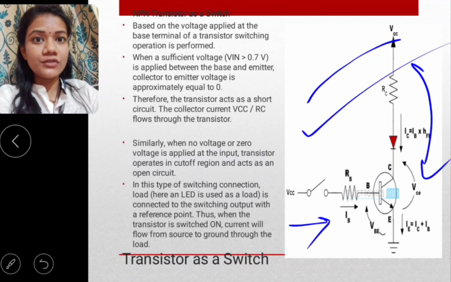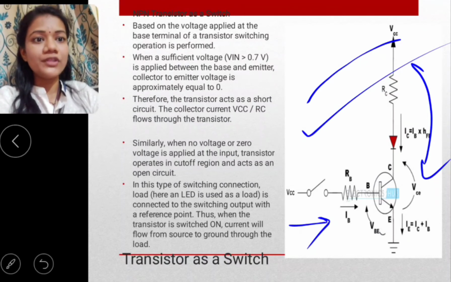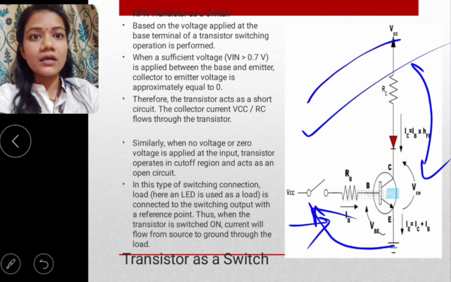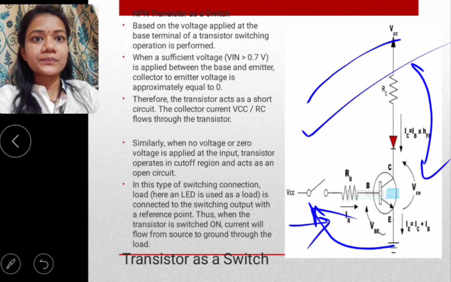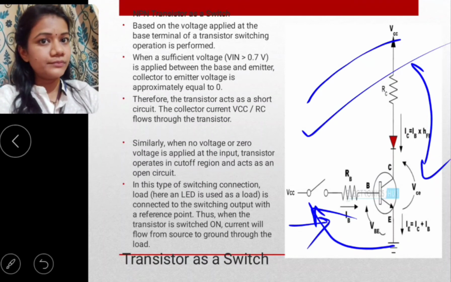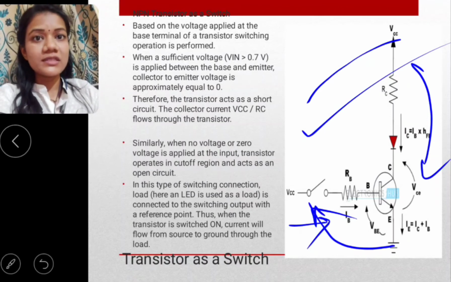Suppose Vin is less than 0.7 volt, applied between the base and emitter. Suppose here we apply a voltage less than 0.7 volt, and the collector to emitter voltage is approximately equal to 0, then our output voltage is approximately equal to 0.